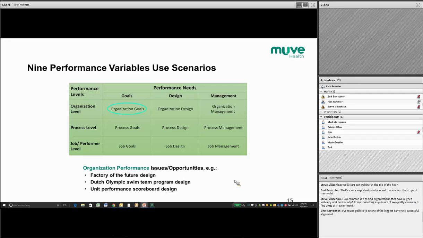I don't know if you saw a number of years ago, there was a great presentation at ISPI where they actually used this model to redefine and really relaunch the Dutch Olympic swim team, and their entire program was organized around this model. Really some great work, and I encourage you to seek that paper out. I think there was a video of their presentation that was very, very powerful. If you have trouble finding it, let me know. I'm sure I can find it.